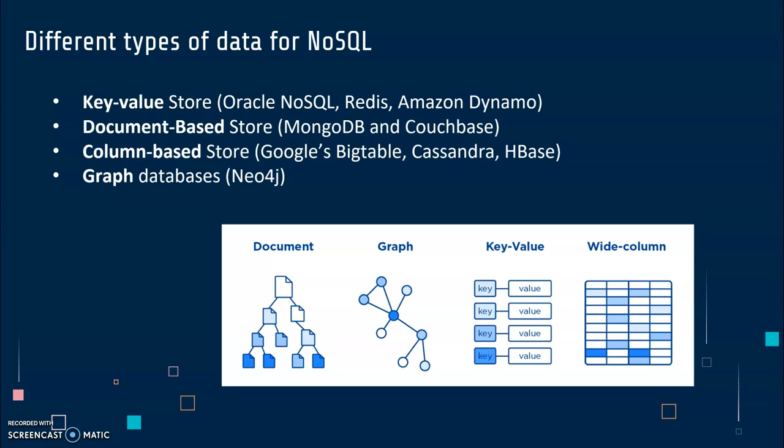NoSQL databases support different types of data. The most popular types are key value stores, like Oracle NoSQL, Redis, and Amazon Dynamo, and document-based stores, with examples like MongoDB and Couchbase. The third one is column-based store, and the final one is graph databases.